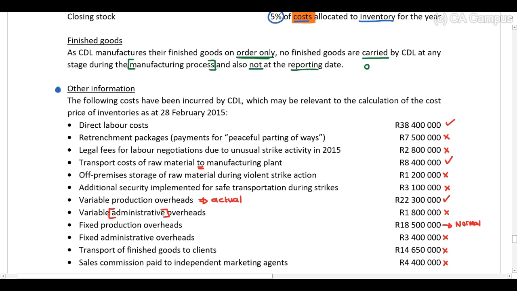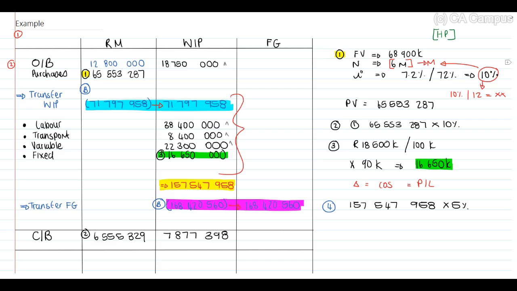Therefore, guys, your opening balance will be 0 and your closing balance will be 0. Therefore, we can include that our opening balance as well as our closing balance will be 0, and the amount that shall be transferred to our cost of sales will be the 168,420,560.